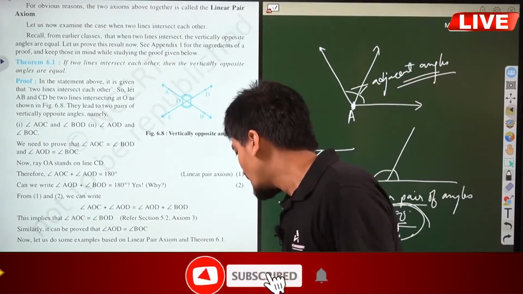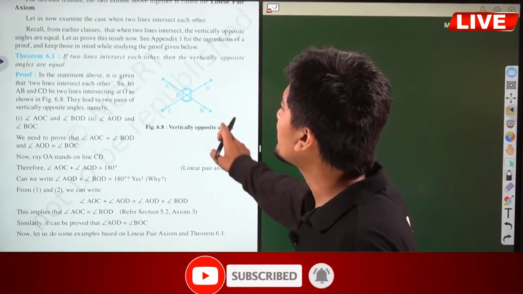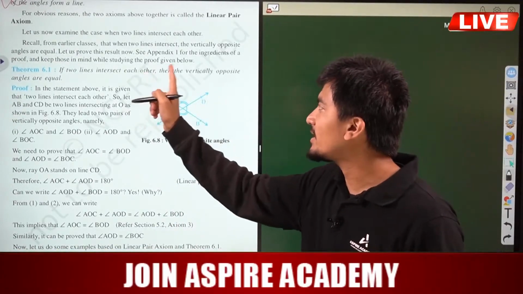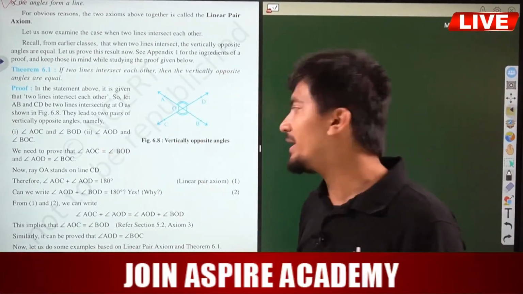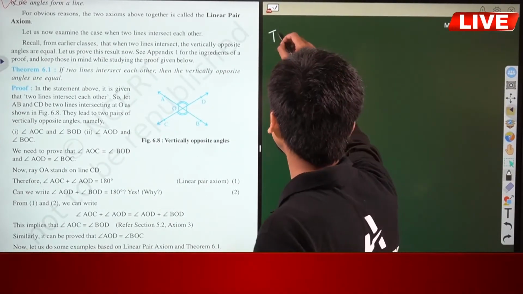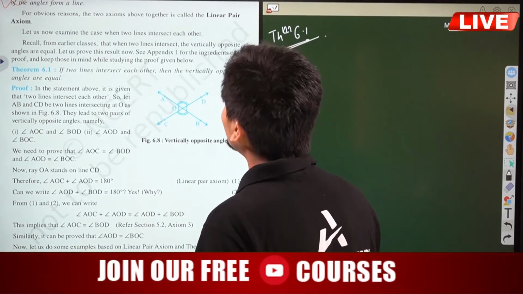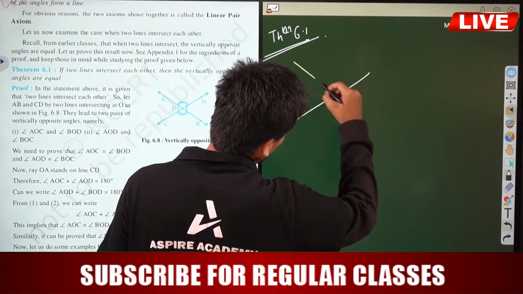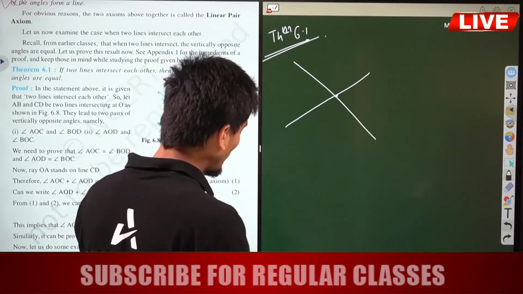Now, theorem 6.1. It is given that if two lines intersect each other, then the vertically opposite angles are equal. We need to prove this. So there are two lines intersecting each other at a point.